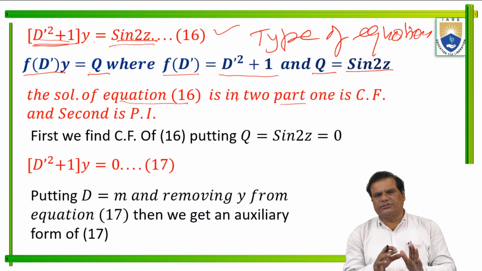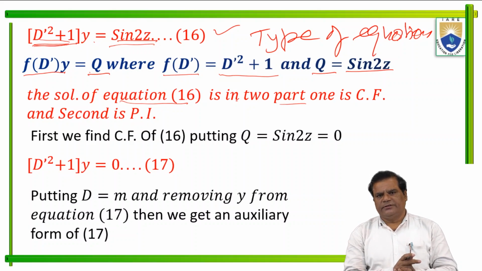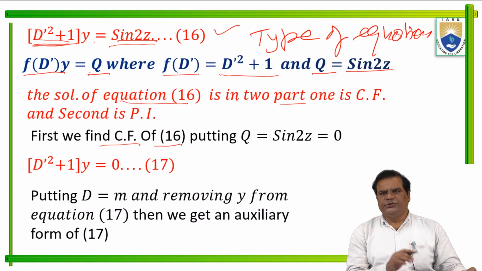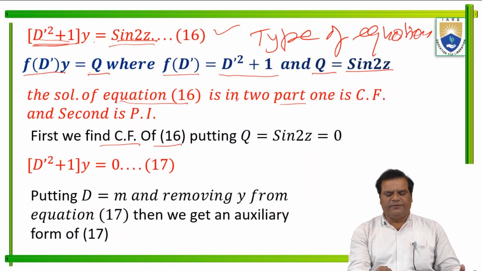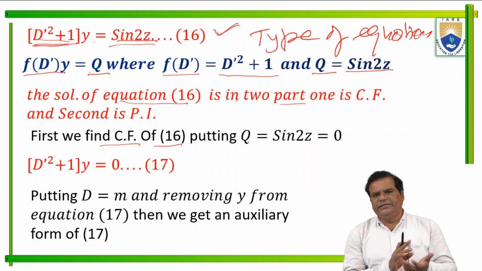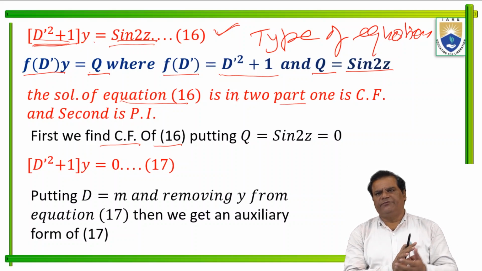We have discussed this topic in detail in the last lectures. So the complete solution of equation 16 is complementary function plus particular integral. One by one, we first find the complementary function, then we find the particular integral.